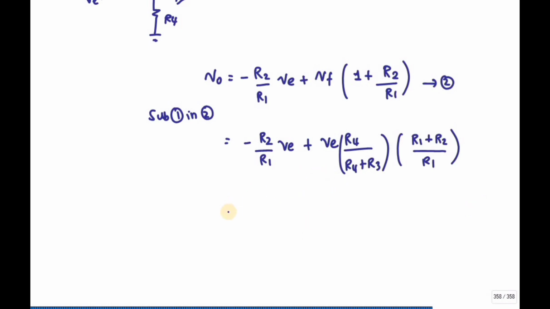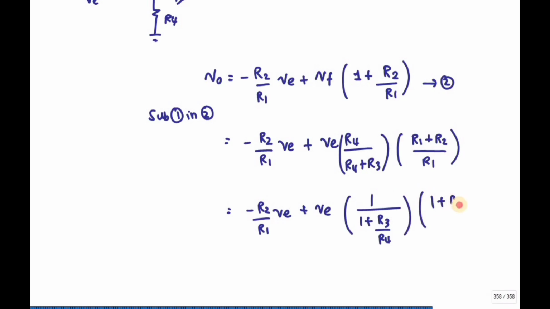I can write this as minus R2 divided by R1 VE plus VE into 1 divided by 1 plus R3 divided by R4 into 1 plus R2 divided by R1.